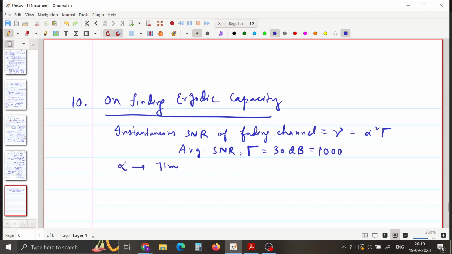Alpha is the instantaneous time varying fading coefficient.